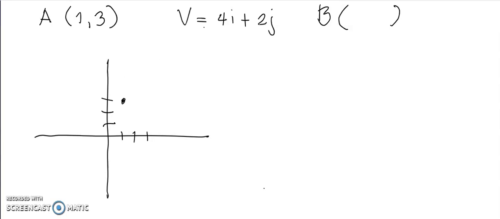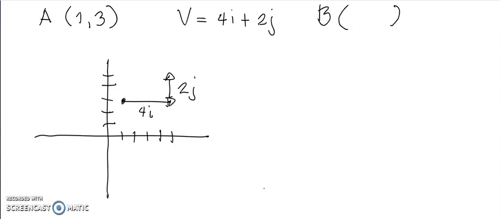It says that here the vector is 4i plus 2j. So it will move 4 to the right, because it is positive. So it goes 1, 2, 3, and 4. So it will move by 4 over here. And then 2 positive up, so it will go up by 2. So this one is 4i and 2j.